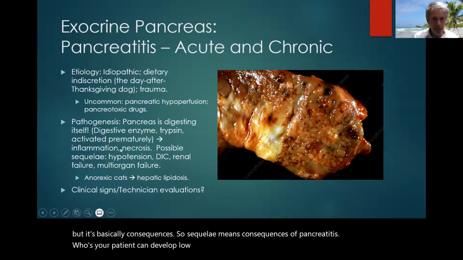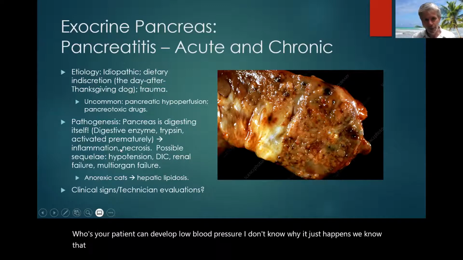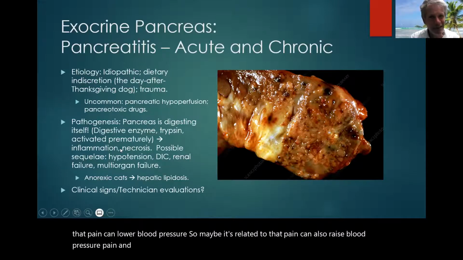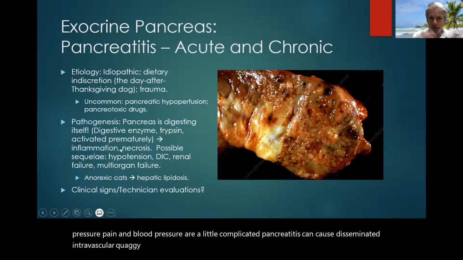I don't know why, it just happens. We know that pain can lower blood pressure, so maybe it's related to that. Pain can also raise blood pressure. Pain and blood pressure are a little complicated. Pancreatitis can also cause disseminated intravascular coagulopathy, right? That horrible clotting disorder that we sometimes call death is coming.